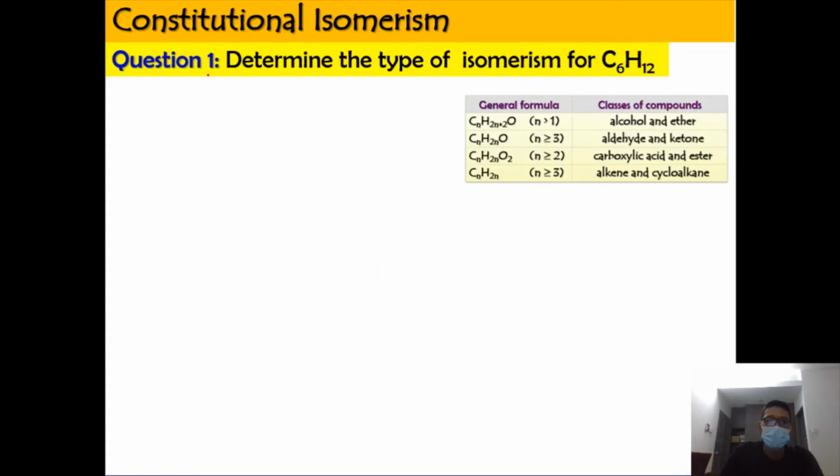Now we do question number 1. We have to determine the type of isomerism for C6H12. C6H12 basically refers to an alkene, which is CnH2n.